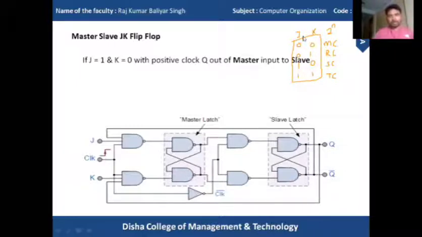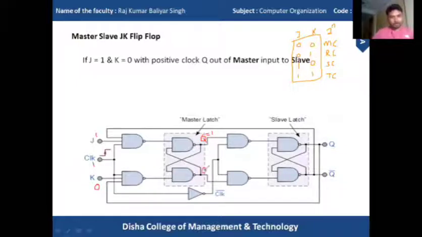The reason is that when J equals 1 and K equals 0, we are getting the set condition. In set condition, Q is in high state, the Q value becomes 1. With J equals 1, K equals 0 and clock is 1, Q is high, that means Q equals 1 and Q naught becomes 0.